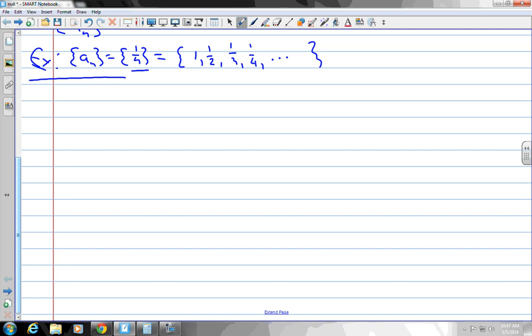So here's an example of a sequence. Let's call it b sub n, and it is defined as n over 1 minus 2n. When we play with sequences, we're going to talk about the limit of a sequence. The limit is always going to be as n goes to infinity. We're not going to ask about the limit as n approaches 5, because then it's just the value of the sequence at 5.